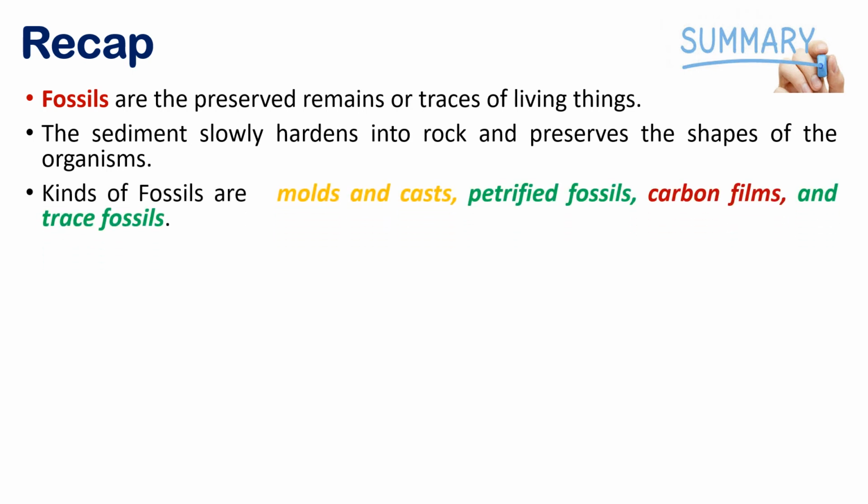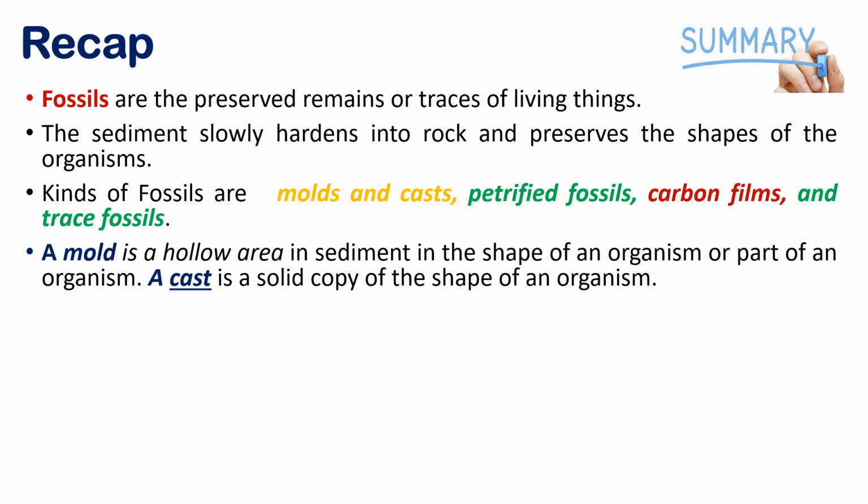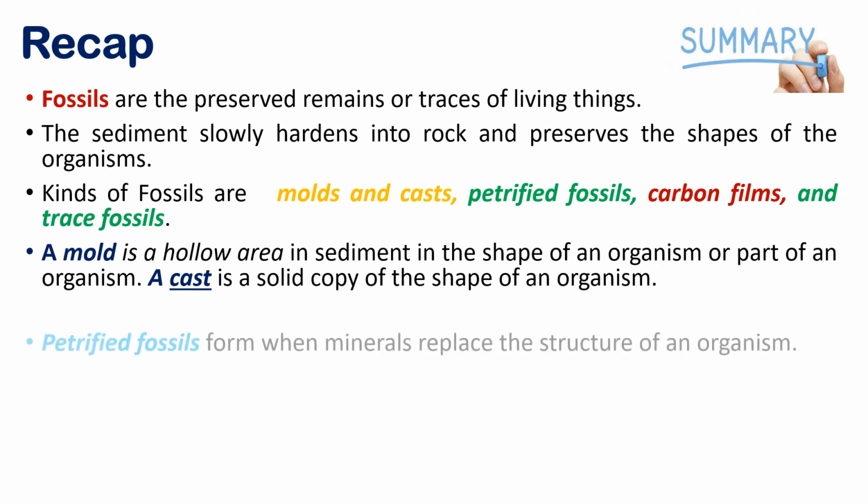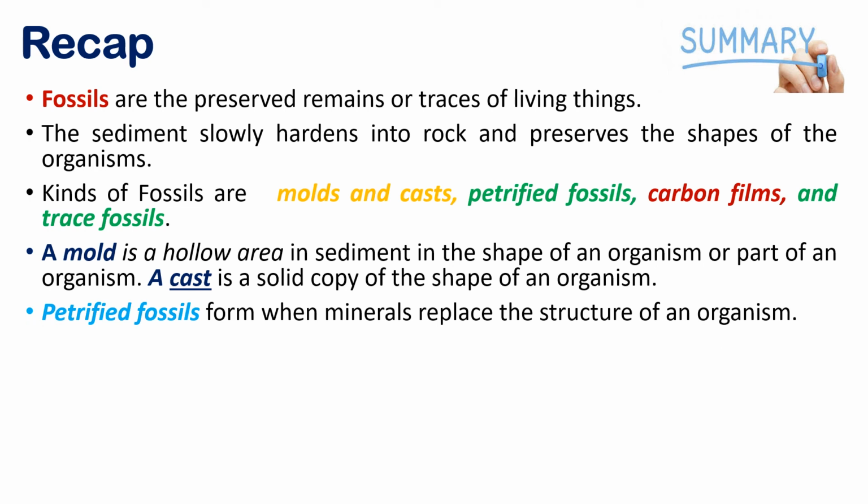Kinds of fossils are molds and casts, petrified fossils, carbon films, and trace fossils. A mold is a hollow area in sediment in the shape of an organism or part of an organism. A cast is a solid copy of the shape of an organism. Petrified fossils form when minerals replace the structure of an organism.